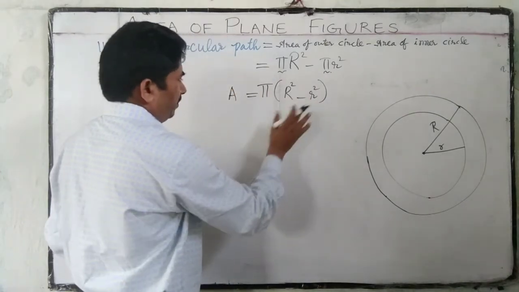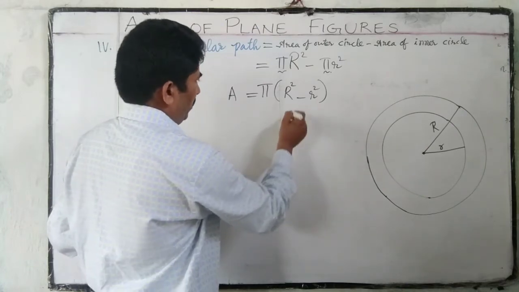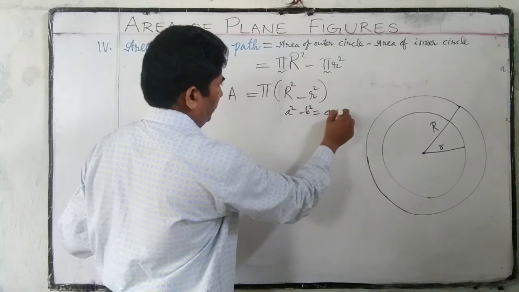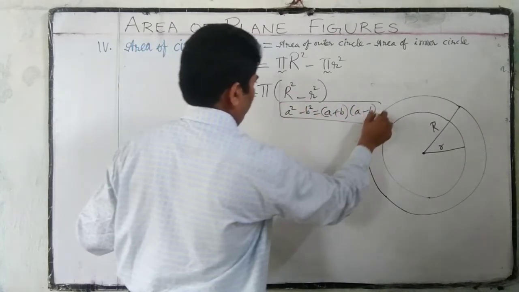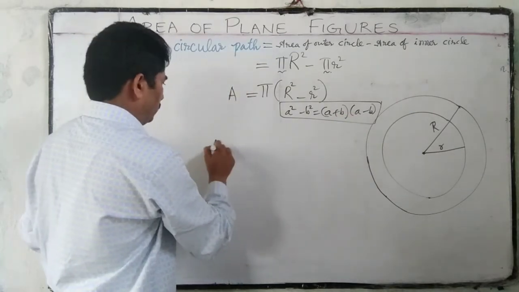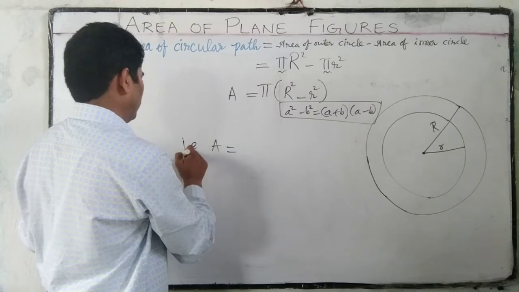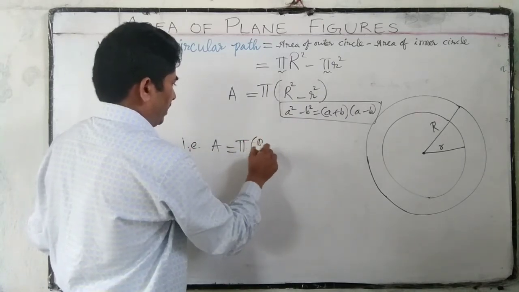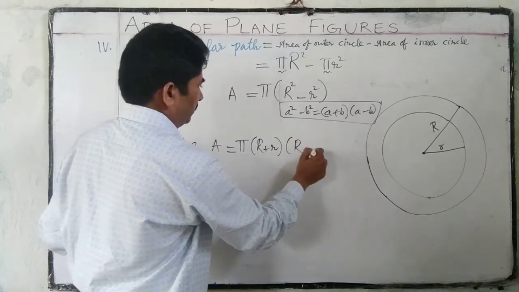And also we can make it simpler: it is in the form of a square minus b square, then we can write a plus b into a minus b. So A is equal to pi into capital R plus small r into capital R minus small r.